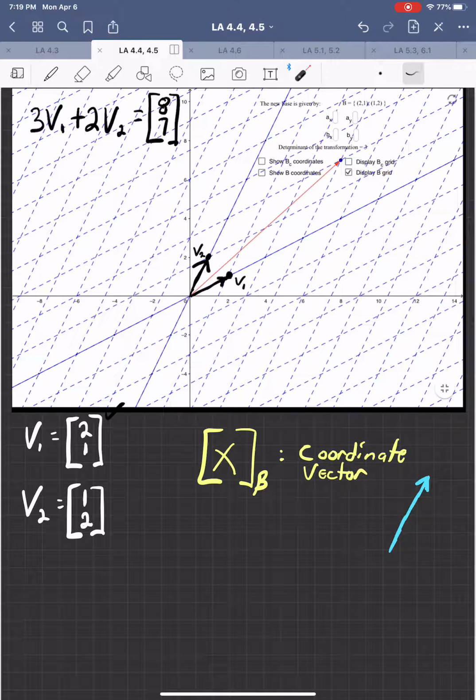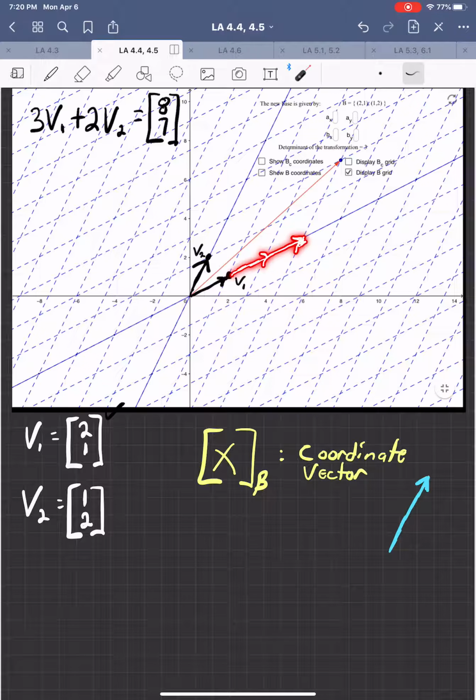So how do we get to the point 8, 7 in our new coordinate system? Well, we need 3 v sub 1s. So we have 1, 2, 3. You notice that every scalar that you choose for v sub 1 is just moving up and down this line, right?